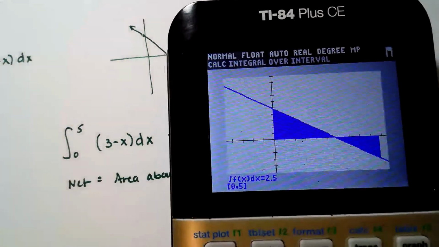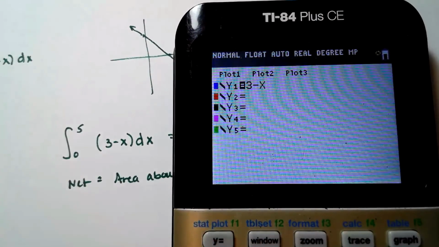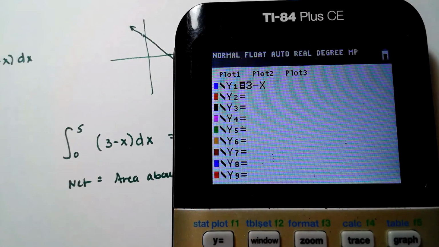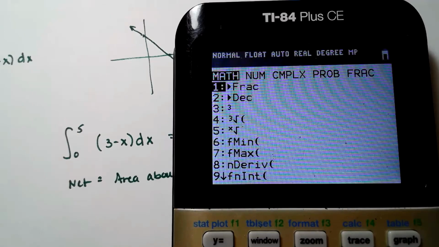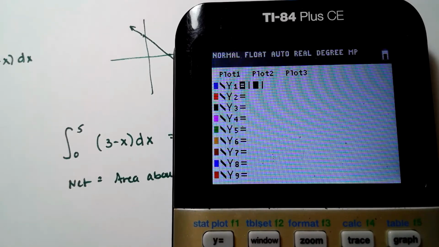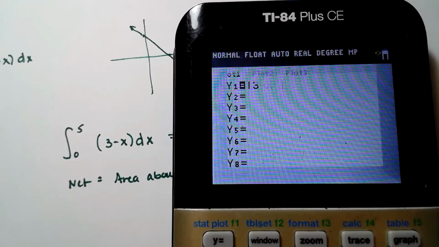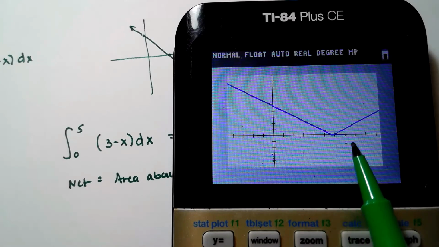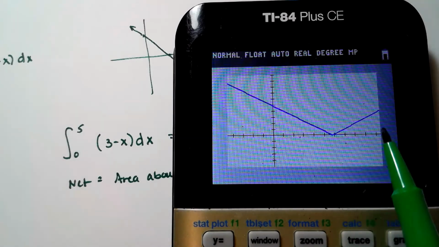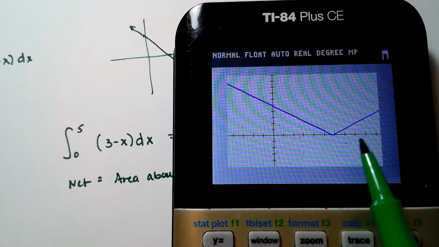If I want the total area, the only thing I have to do is go back and put this thing inside absolute value. So math, right arrow, 1, and it was 3 minus x. Now if I graph it, you see it pulls all the points of the line below the x-axis above.